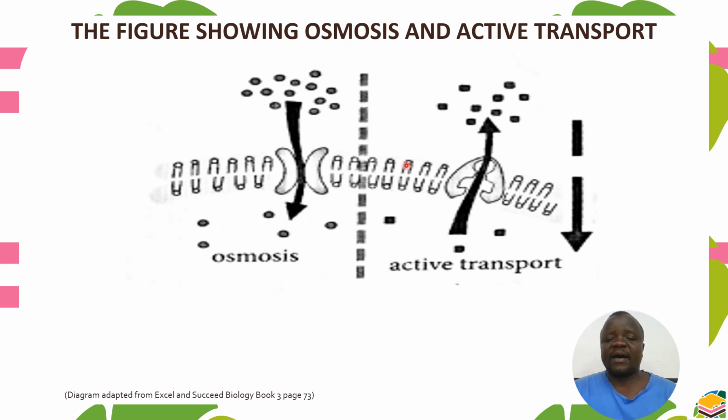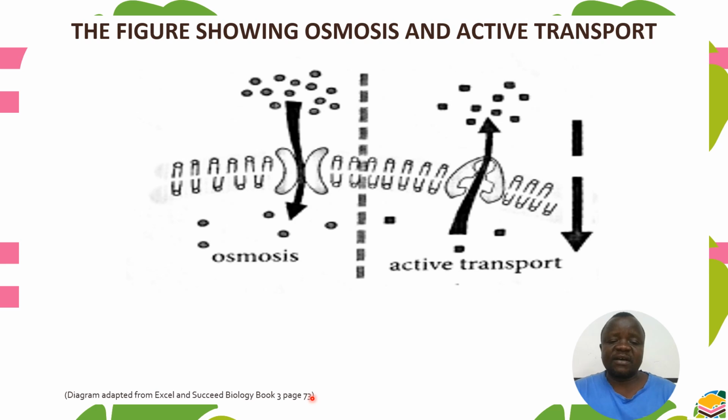Now on this side, we have active transport taking place. The ions or the molecules are passing through to where there are already more. So here you can see we have only 3 ions, or molecules, that are being taken to where there are already more. So they have to move by active transport. So you can see this diagram indeed.